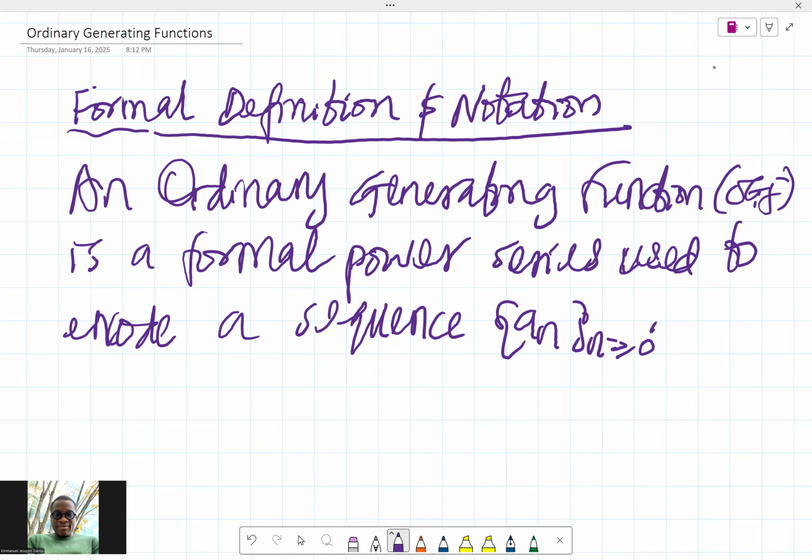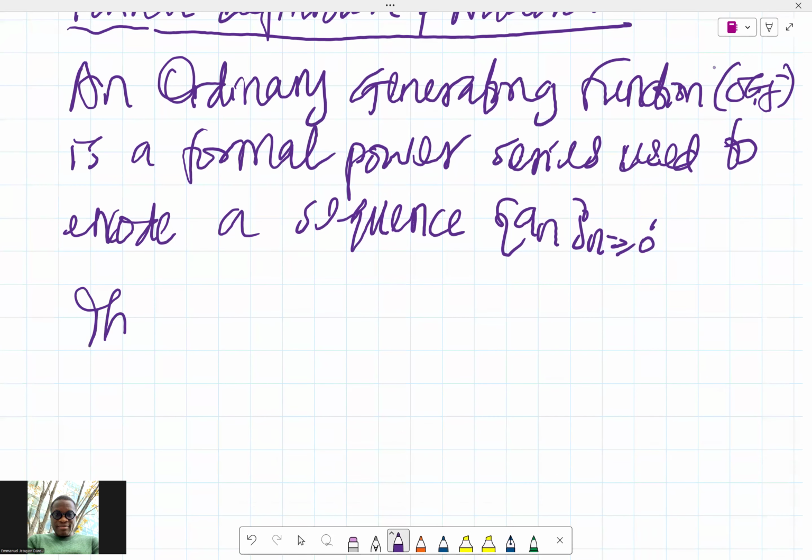All right. So the ordinary generating function, I guess I want to color code at this point.